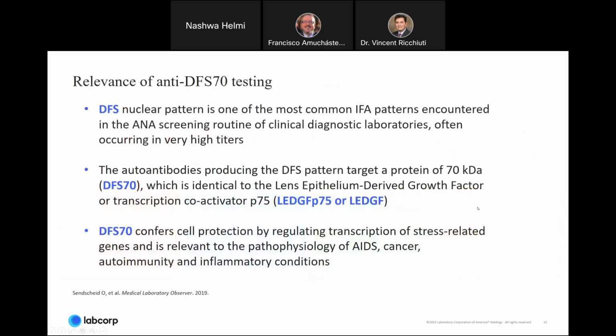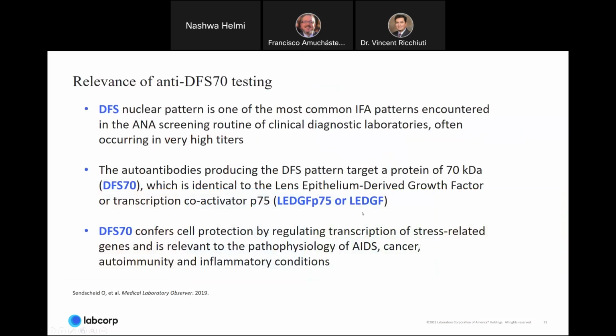So right now, we learned that DFS, or the dense speckled nuclear pattern, is one of the most common IFA patterns encountered in routine ANA screening in clinical diagnostic labs, often occurring in high titer. We're talking titers of 320, 640, and greater.